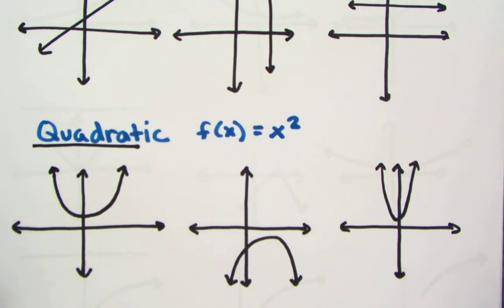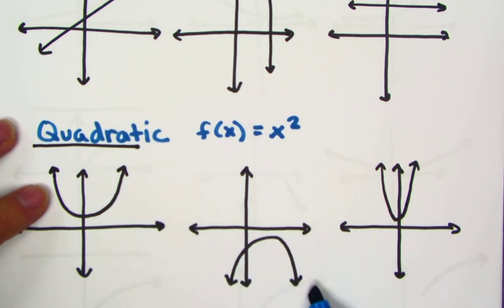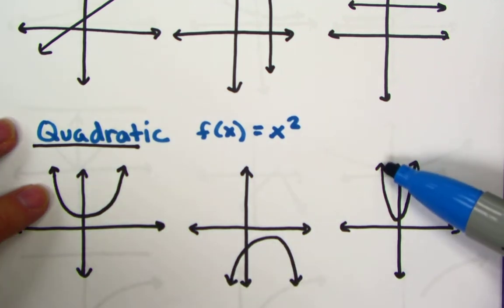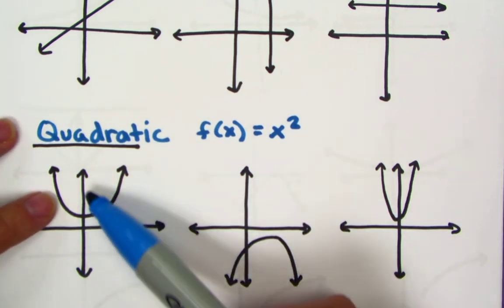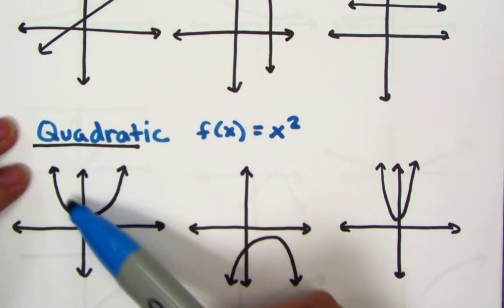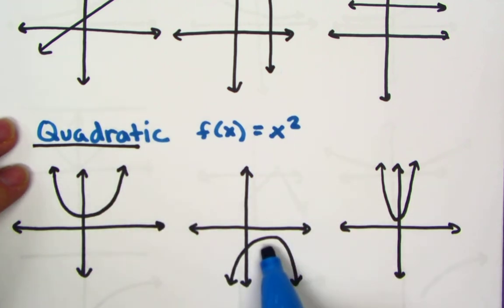Quadratic functions look like U's. Notice that they can either face up, or they can face down, or they can be skinny, or they can be wide, or they can be right in the middle of the graph, so it goes out from the y-axis in both directions, or it can be moved.